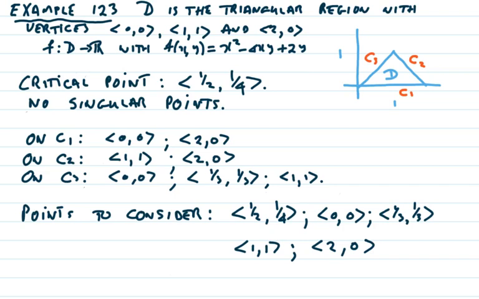Those are the critical point and the points that we found on the curves C1, C2, and C3. All that remains is to calculate the value of the function at each of these points. The global maximum is then the greatest of these function values, and the global minimum is the smallest of these function values. You can check the answers in the lecture notes.